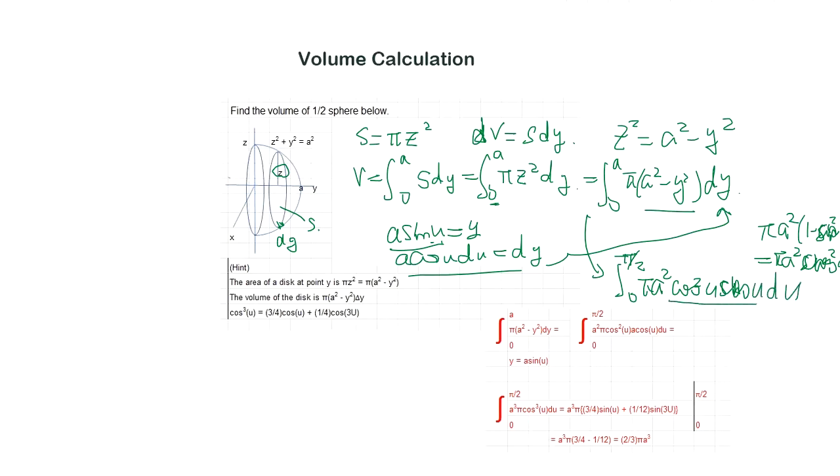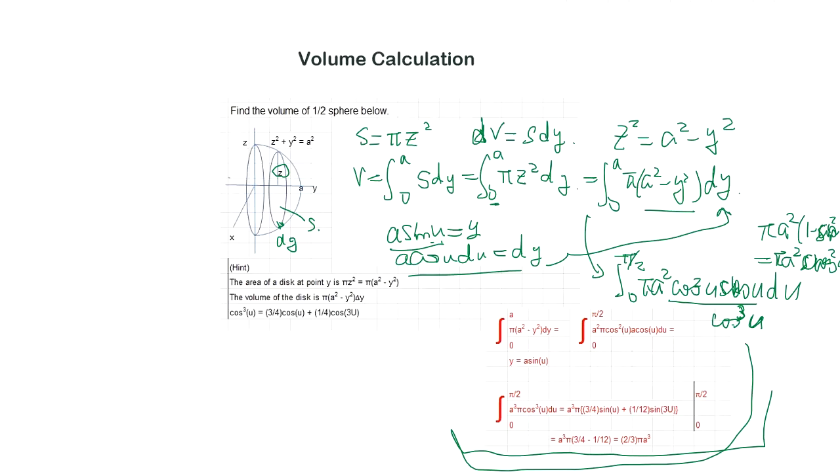Okay, so we have to do the integral of cosine to the third. And using partial integral, we reduce down to cosine u, then solve it. Okay, here's the answer.